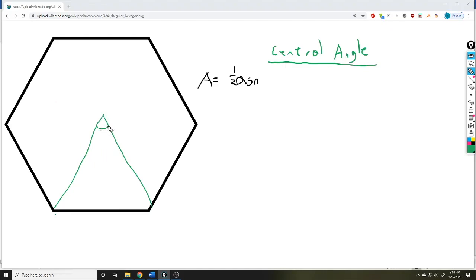And the reason we're using that angle is because we know what the angle all the way around here would be. Well, it would be 360 degrees because that's our distance all the way around. And by the way, the reason that they use 360 is because it's divisible by a lot of things.